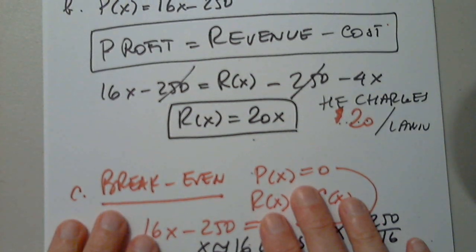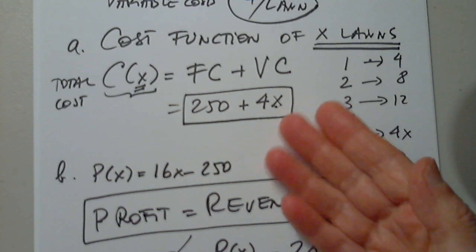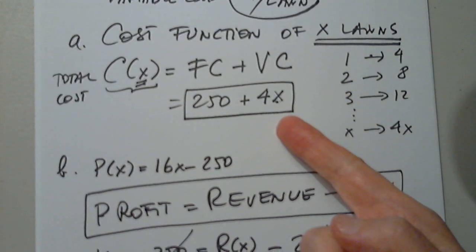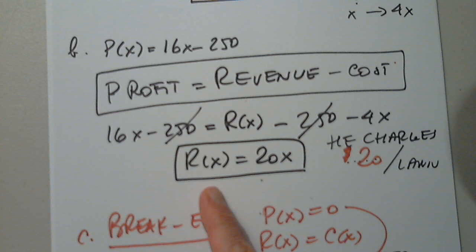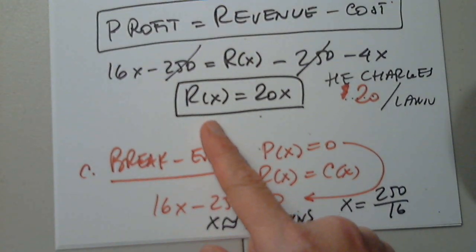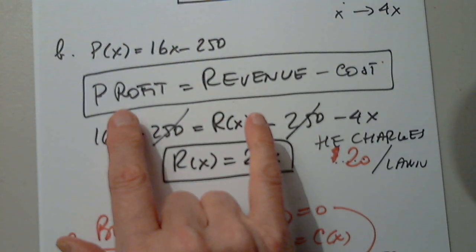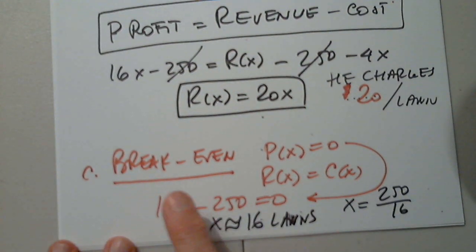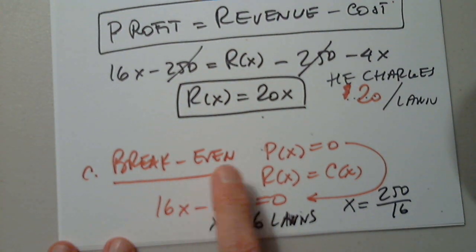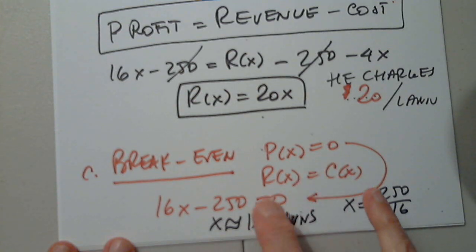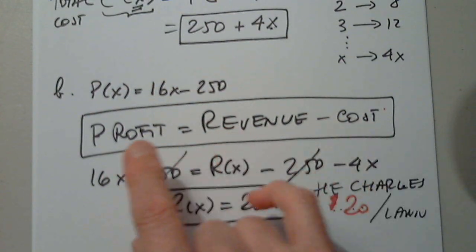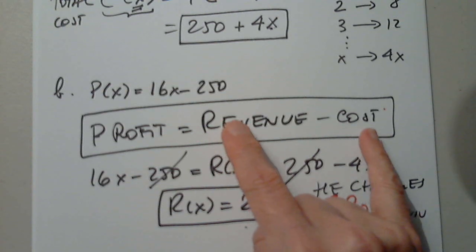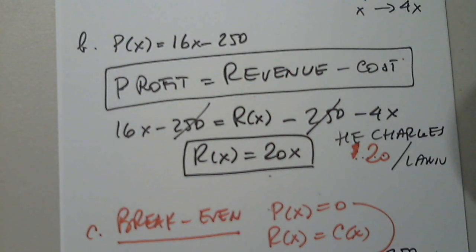This was an application of linear functions, creating the total cost function, determining the revenue based on the profit. Please remember the profit is revenue minus cost, total revenue minus total cost. And then the break even is when either the profit is 0 or the revenue equals cost. The result will be the same.